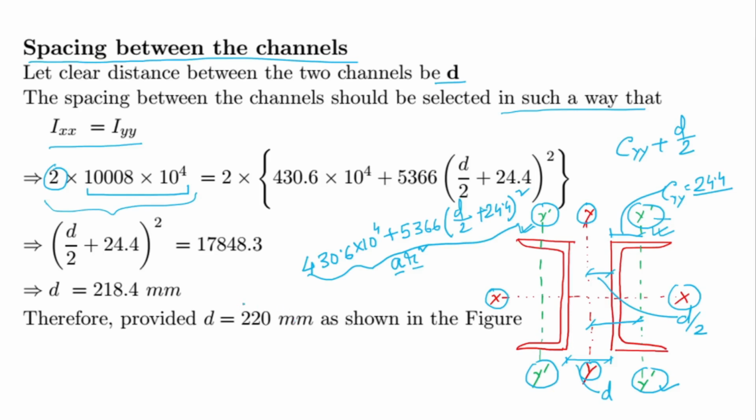If I multiply it by 2, then I will get the moment of inertia of the two channels about the overall YY axis of the column. If I simplify, (d/2 + 24.4)² is equal to 17,848.3, and finally this d is calculated as 218.4 mm.